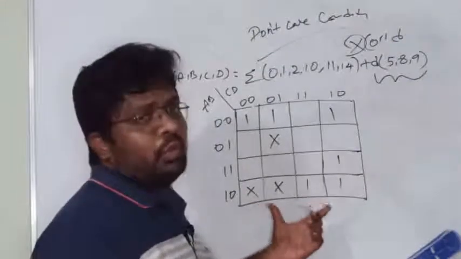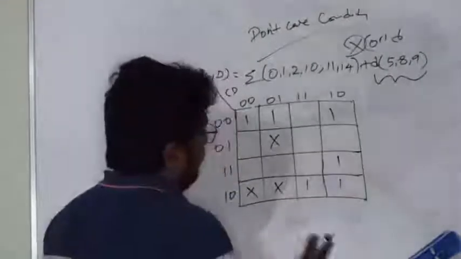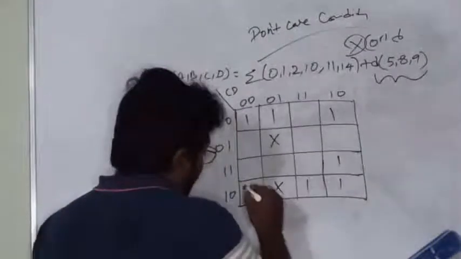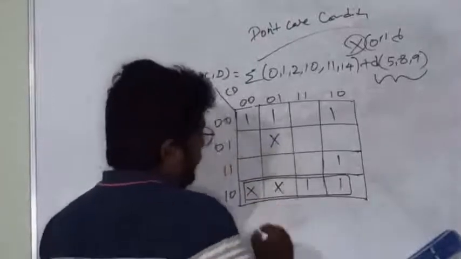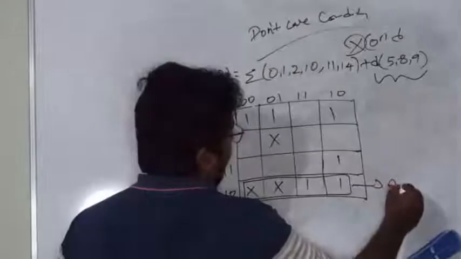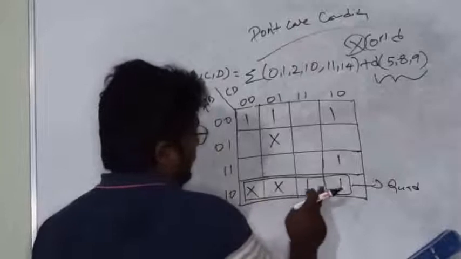Next we need to group these values. If you observe here, by using the don't care conditions and the minterms we can form a quad.